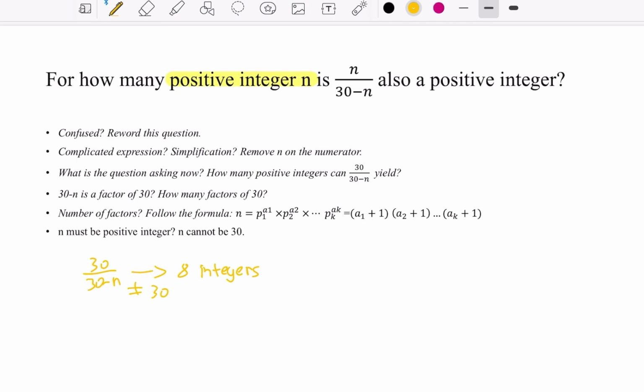If it's equal to 30, then n is going to be 0, which is no longer a positive integer. Therefore, instead of 8 values of n, there will be 8 minus 1, 7 in total.